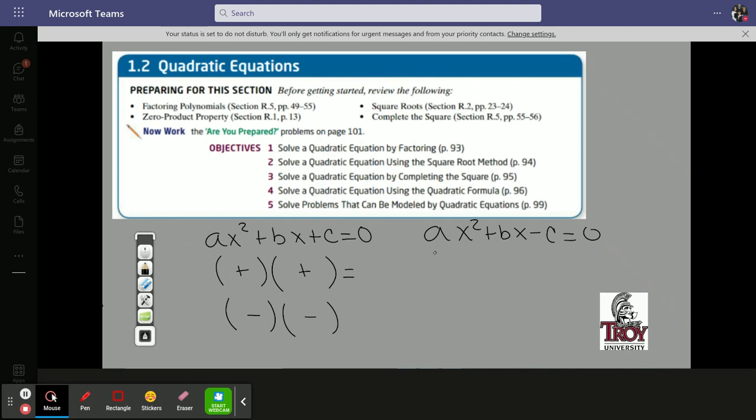And I break this to those two binomials. One of these guys is going to be positive, and one of them is going to be negative, right? Where does C come from? First, inside, outside, last. Remember FOIL? When I multiply these last 2 points, that's my C. So the only way that could be positive or negative is if one of them is going to be a positive and one's going to be a negative.